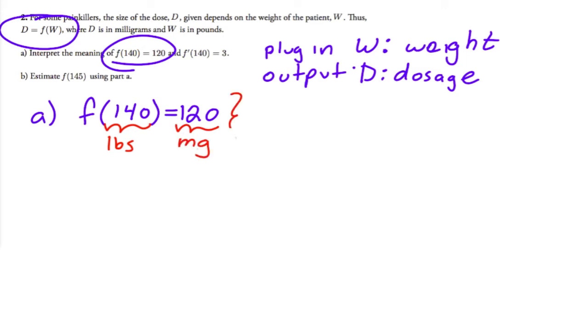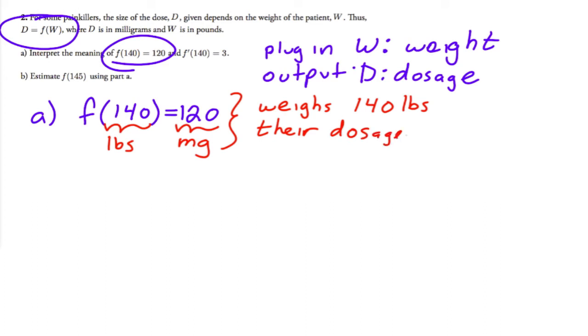And so what this means is that for a person that weighs 140 pounds, their dosage is going to be 120 milligrams. Okay. So that makes sense, right? 120 milligrams.